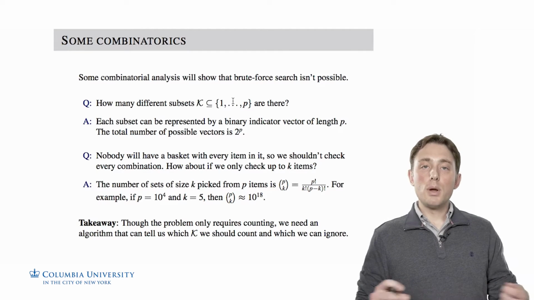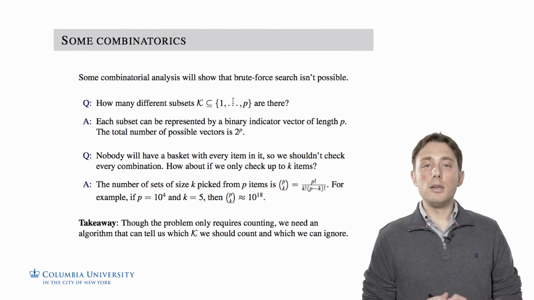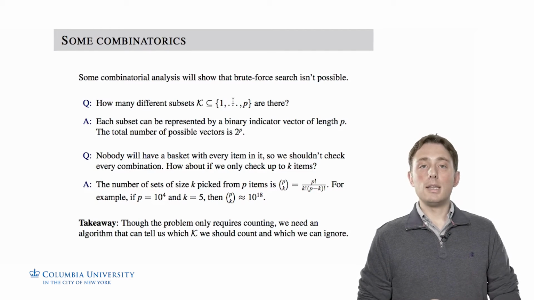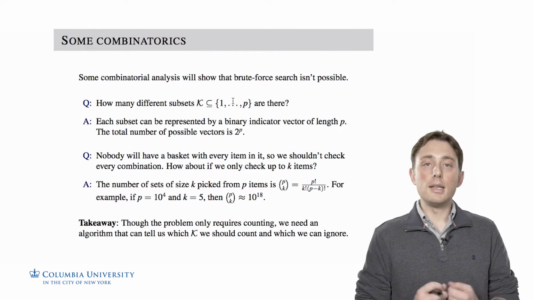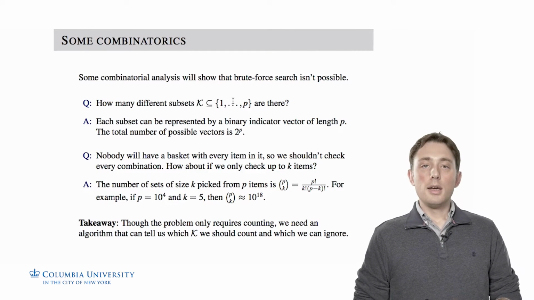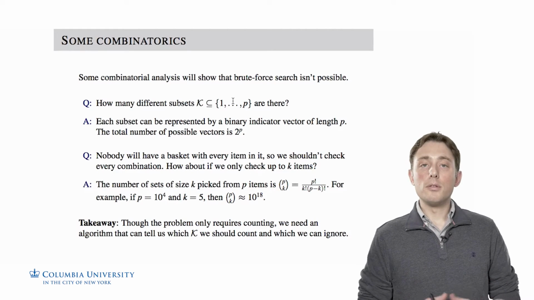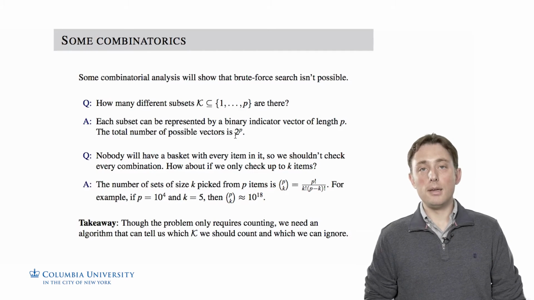To answer this, we can represent each subset k as a binary vector of length p, where a 1 indicates that the object is in that subset and a 0 indicates that an object is not in that subset. And so the total number of these binary vectors, meaning the total number of potential subsets k that we would have to check, is 2 to the p.